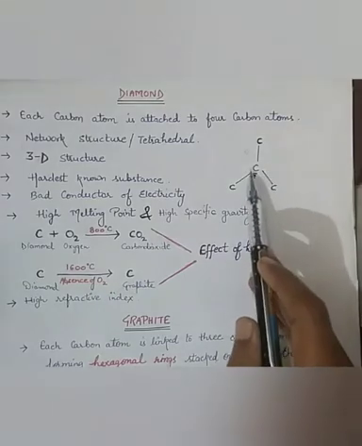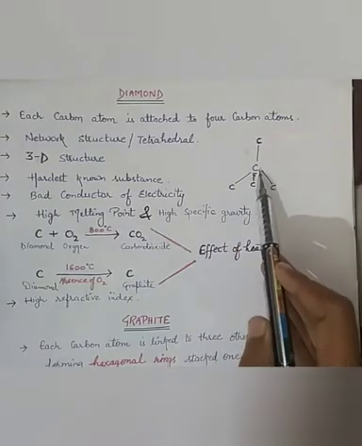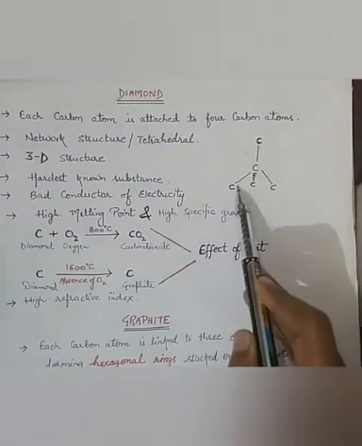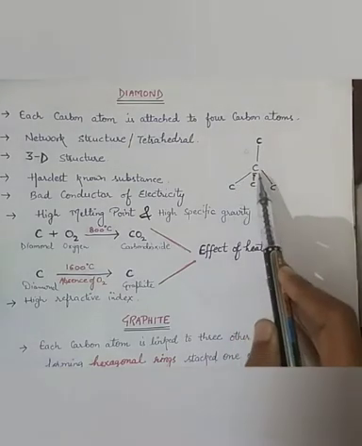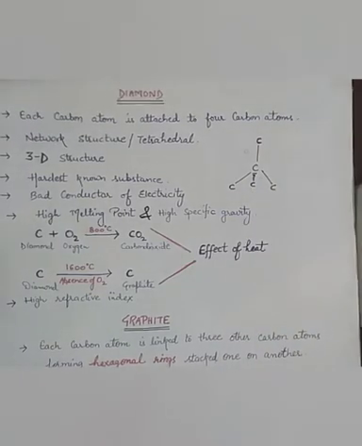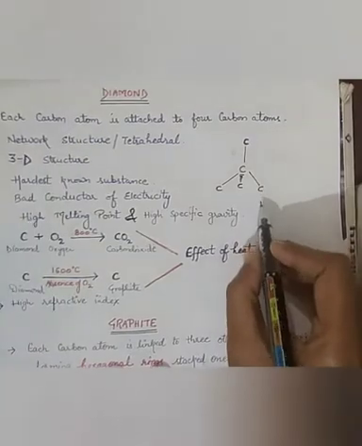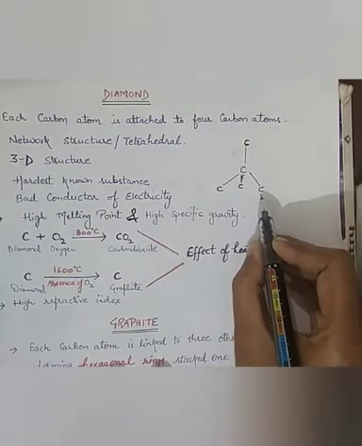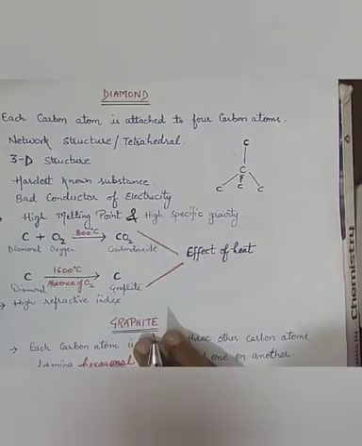Here I have made one structure to explain. This is the centrally located carbon, and it is surrounded by 4 other carbon atoms, forming a tetrahedral structure. Likewise, if you take this one as the centrally located carbon atom, it is also surrounded by 4 other carbon atoms.